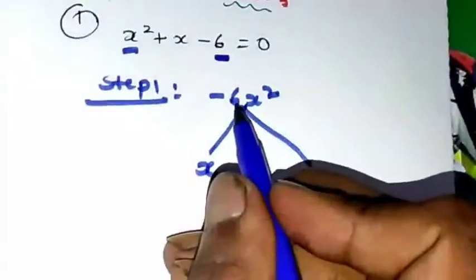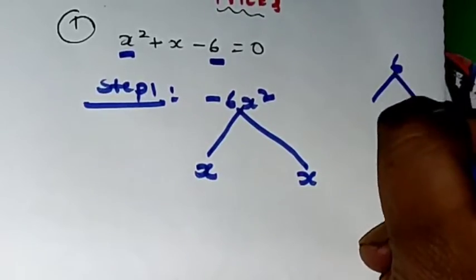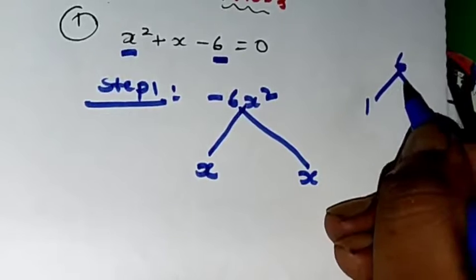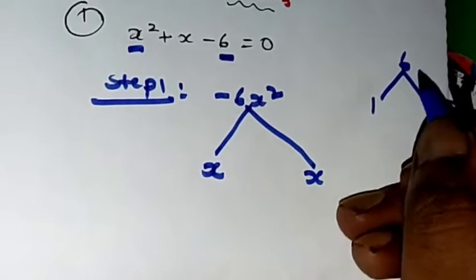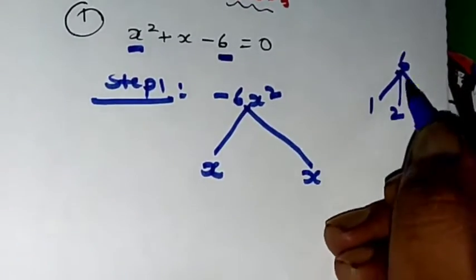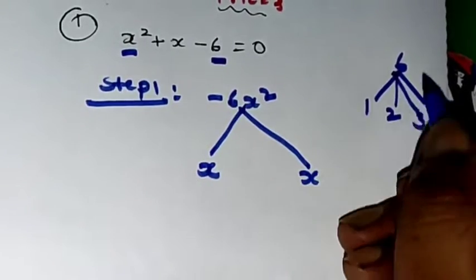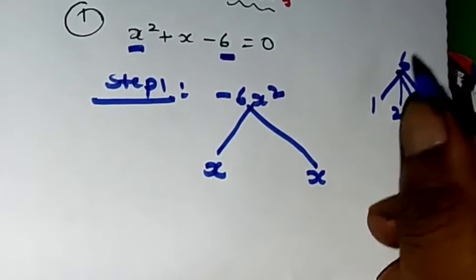Now we have to write down the factors of 6. What are the factors of 6? Tell me. Here 1 divides 6, yes or no? We take only positive factors here. 2 also divides 6 because 2 times 3 is 6, and 3 also divides 6, and 5 does not divide 6, and 6 divides 6.